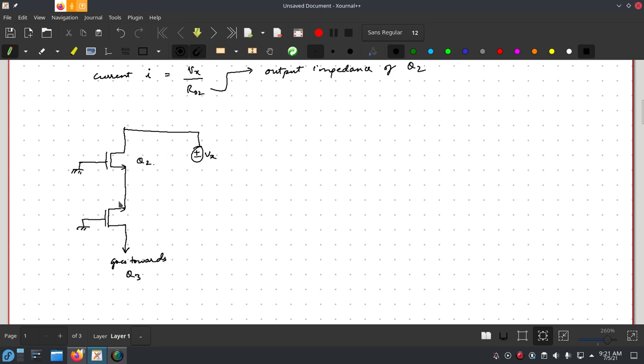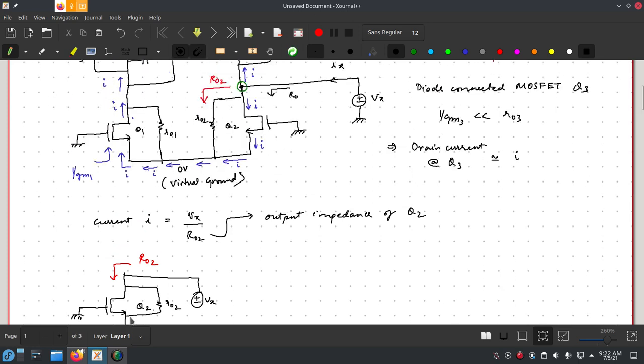I am not worried about that. The impedance seen in this direction is, this is Q1, this is R01, this is R02. The capital R02 is what we have to find. If you look in this direction, we know it to be 1 by GM1, which we saw earlier.